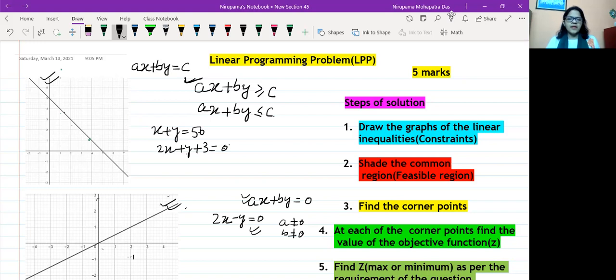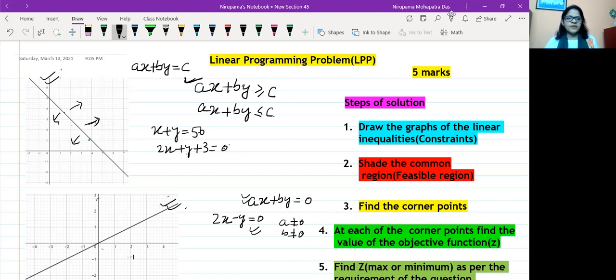we can see the line is dividing the plane into two halves. One half is like this, the other half is like this. If you say above the line or below the line, sometimes it may be confusing. So instead of using above the line and below the line, we can use the terms towards origin or away from origin.